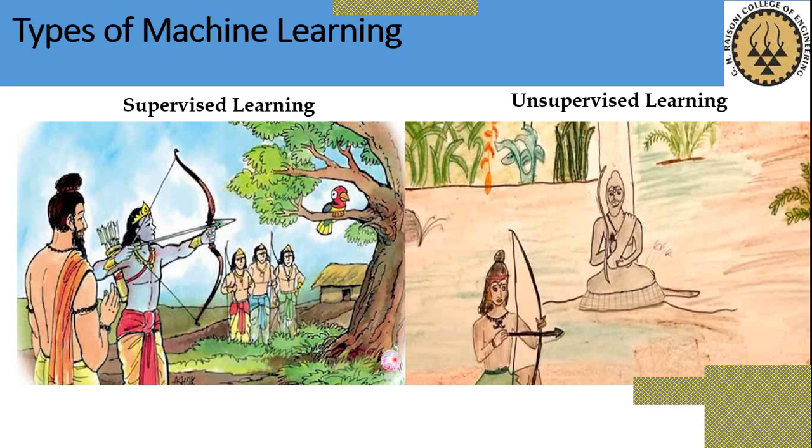While in unsupervised learning, that person is Eklavya, and Eklavya learned by himself. He is not getting any supervision from the guru, but still he is a good archer as compared to Arjuna.